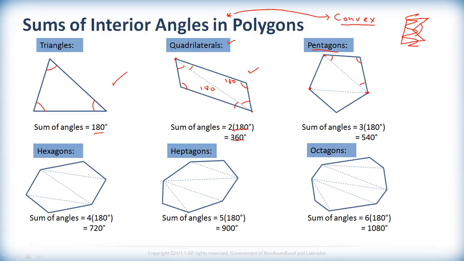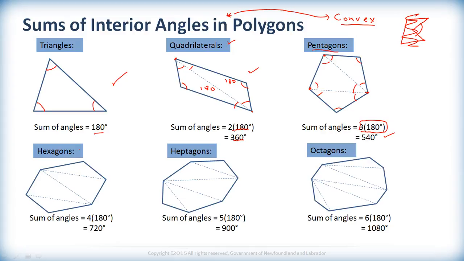So adding all those angles up, we have 3 times 180 degrees for our pentagon. So 3 times the number of angles in a triangle, is 3 times 180 here, and that gives us 540 degrees. Okay, so by now, since we're so great at inductive reasoning, we should be starting to recognize a pattern.